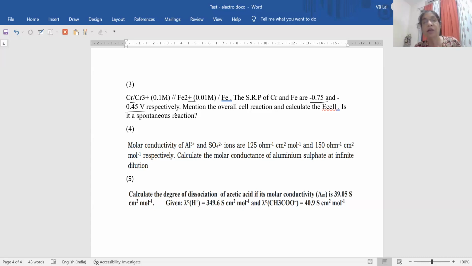Then this is molar conductivity of aluminium and sulfate ions given. Calculate the molar conductance of aluminium sulfate, Al2(SO4)3. How will you find molar conductance? 2 into molar conductance of aluminium ions plus 3 into molar conductance of sulfate ions. Both are given, you just multiply and add, there is no problem.